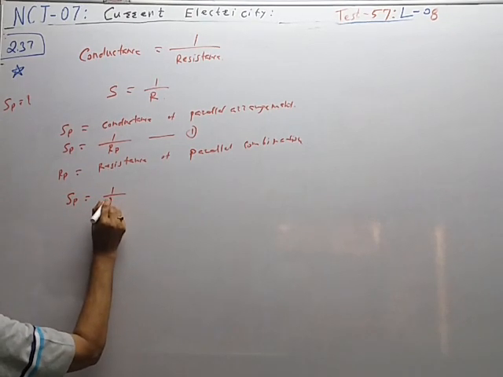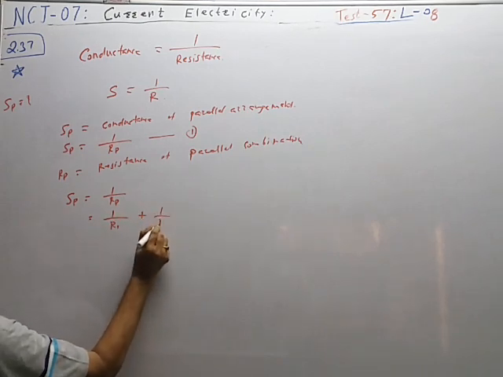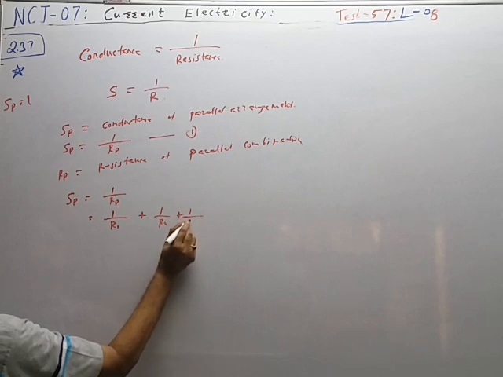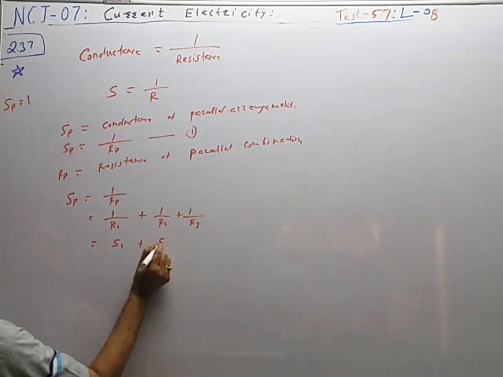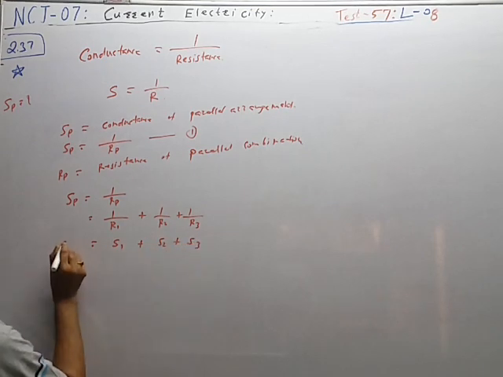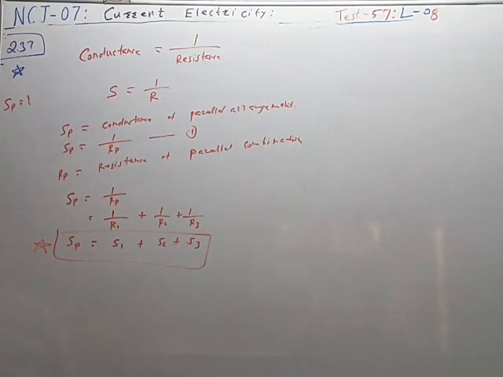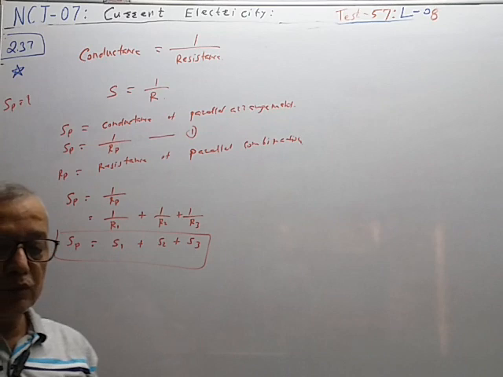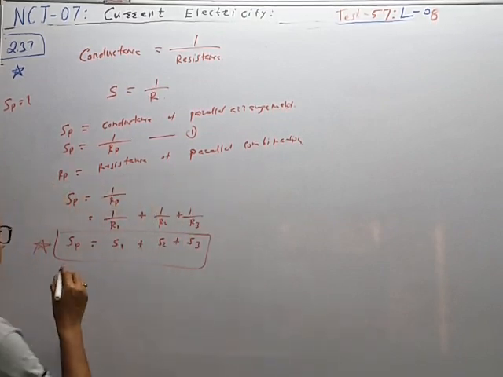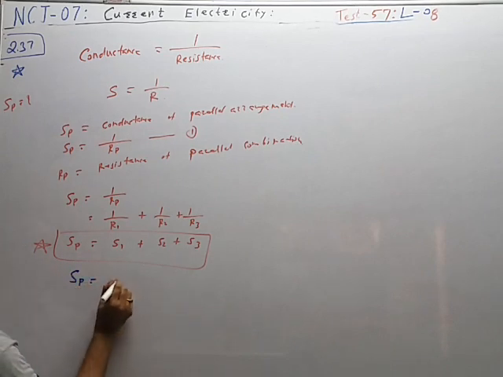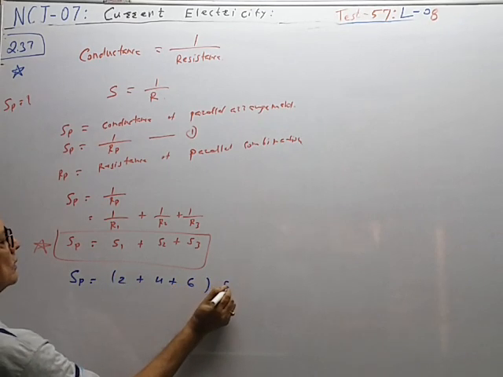Therefore, SP is equal to 1 upon RP is equal to 1 upon R1 plus 1 upon R2 plus 1 upon R3 is equal to S1 plus S2 plus S3. Another formula. So conductance in parallel arrangement is equal to S1 plus S2 plus S3, and these three values are given 2, 6, 4. Therefore, SP is equal to 2 plus 4 plus 6 Siemens.